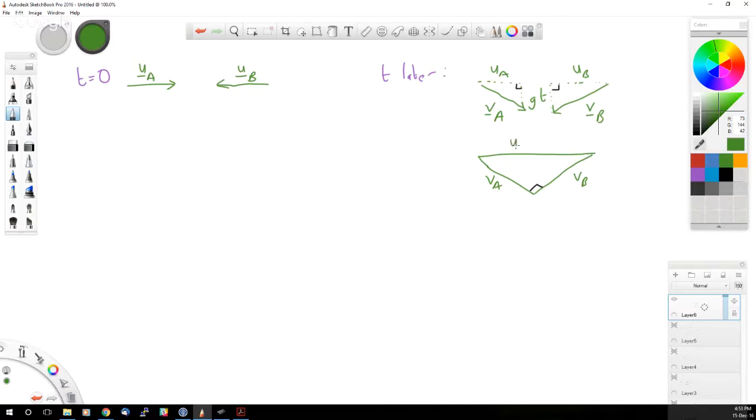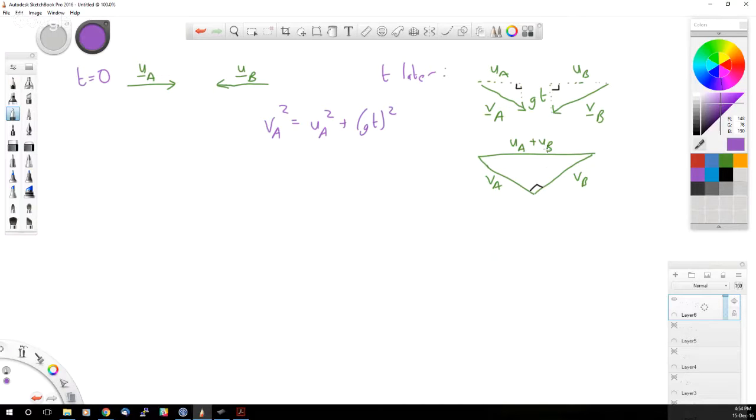And this side has a length UA plus UB. And so you can see, for example, VA squared is equal to UA squared plus (gt) all squared from Pythagoras' rule.